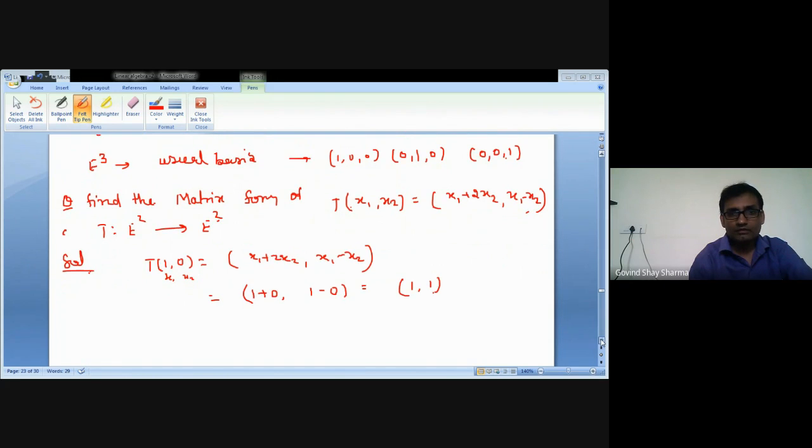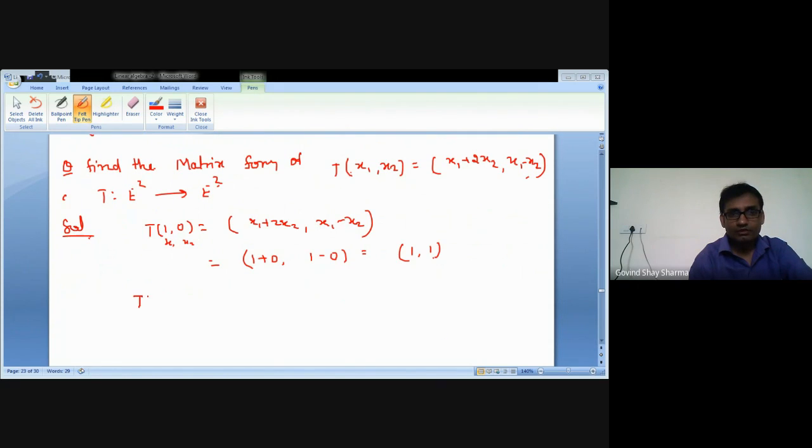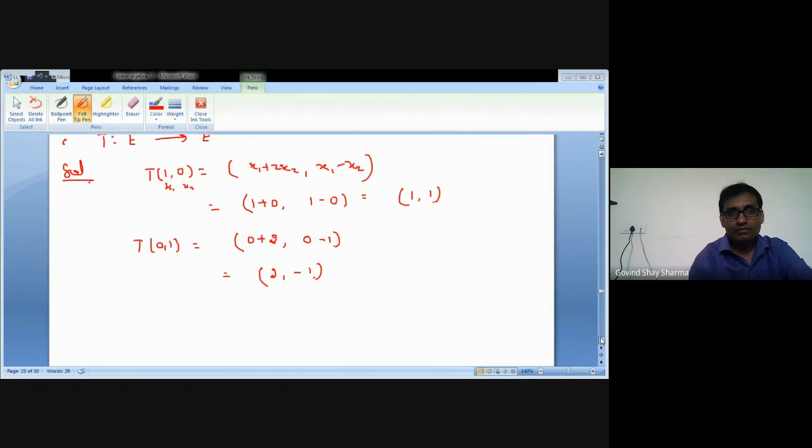Now again T(0, 1). So x1 is equal to 0 and x2 is equal to 1, so we get 2 and minus 1.